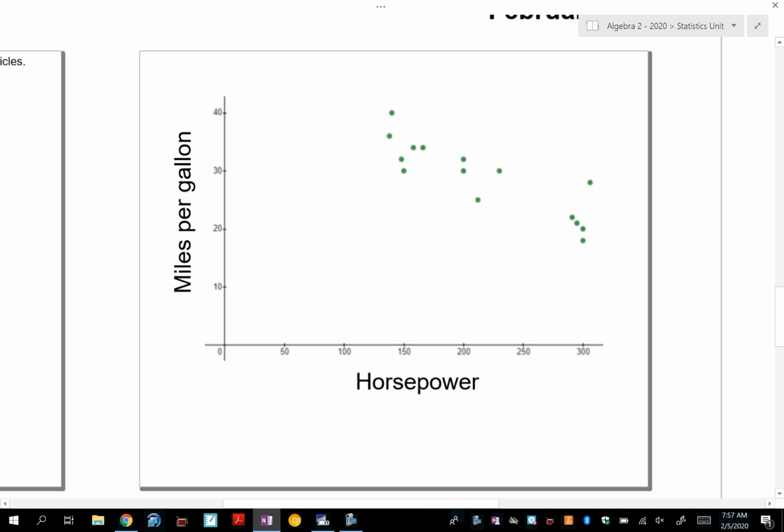Now you'll notice that I have already decided which variable is explanatory and which variable is response. Okay? I have decided that horsepower, or the size of a car's engine, explains their gas mileage, or their fuel economy, their miles per gallon. Okay? That was my decision.